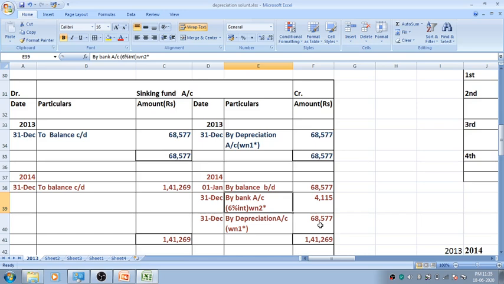I told you the depreciation once calculated, it remains fixed. It will not change. So every year you write 68,577 when you write by depreciation or depreciation fund created entry.